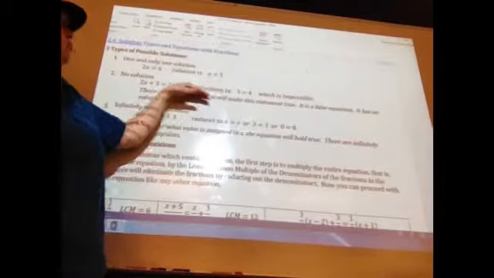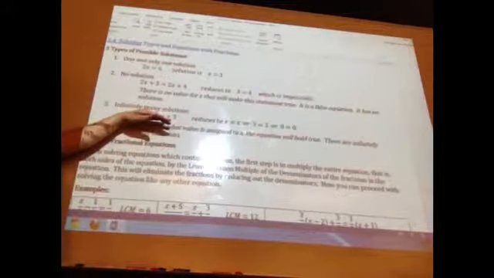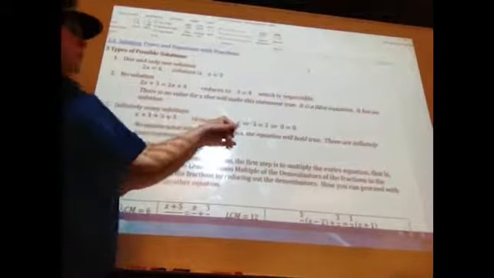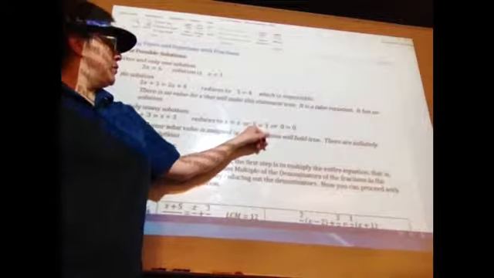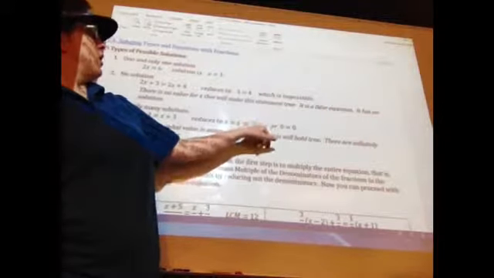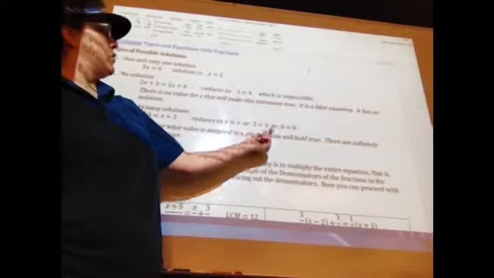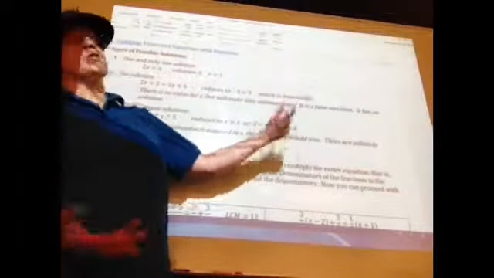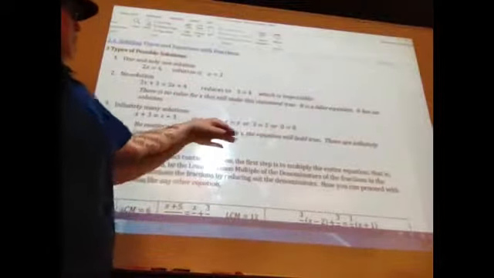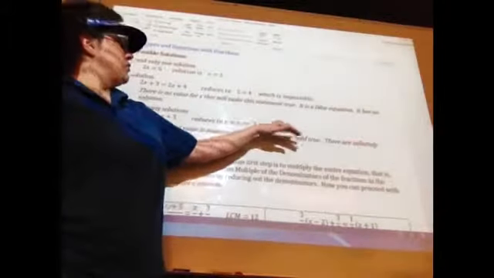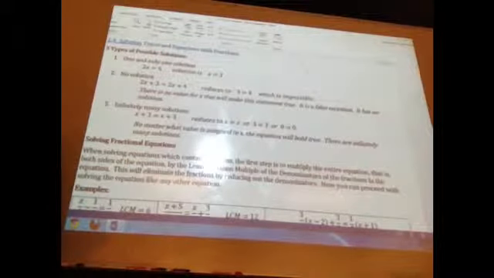Or we have something that simplifies to a statement that is always true, like 3 equals 3. I can subtract 3 from both sides, and now we get 0 equals 0. So it reduces to a statement that's always true, then there are infinitely many solutions. Those are our three possibilities for these types of equations.